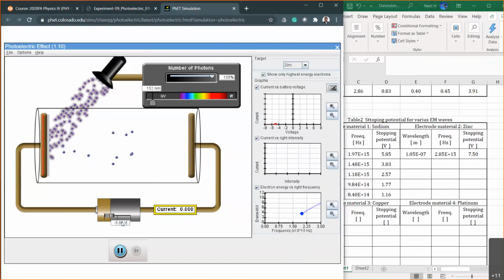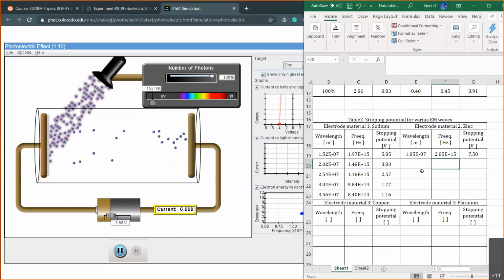About -5, too high, I think. -2, too low. -4 is too high. -3, maybe 3.5, 3.8. 3.9 is too high. 3.8, maybe 3.85.